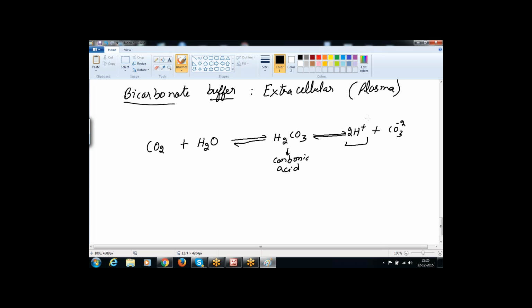So when pH falls, the fall in pH will cause the reaction to go in this direction. This direction is when the pH falls.